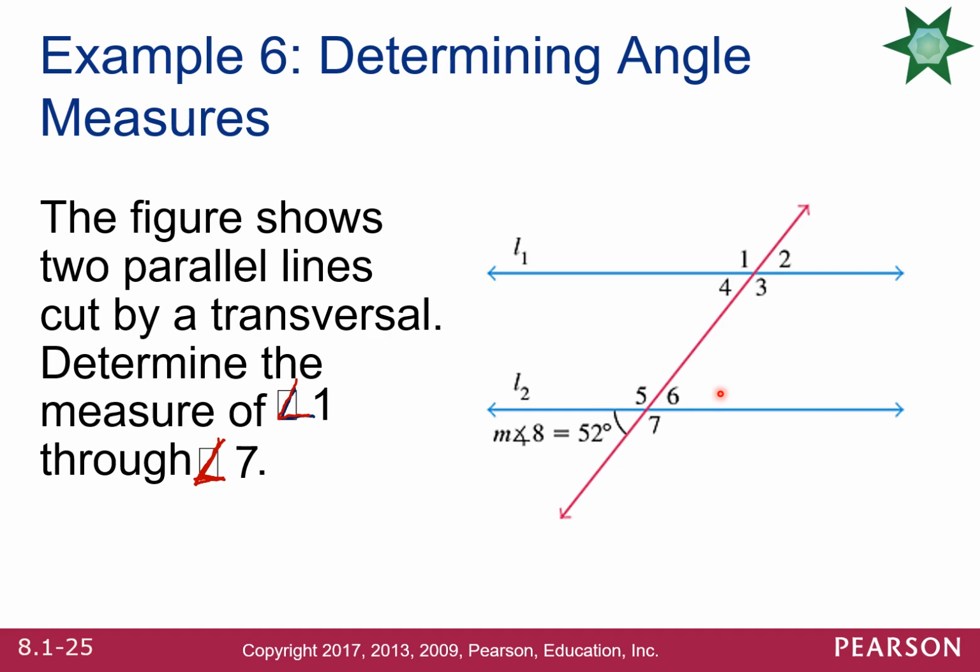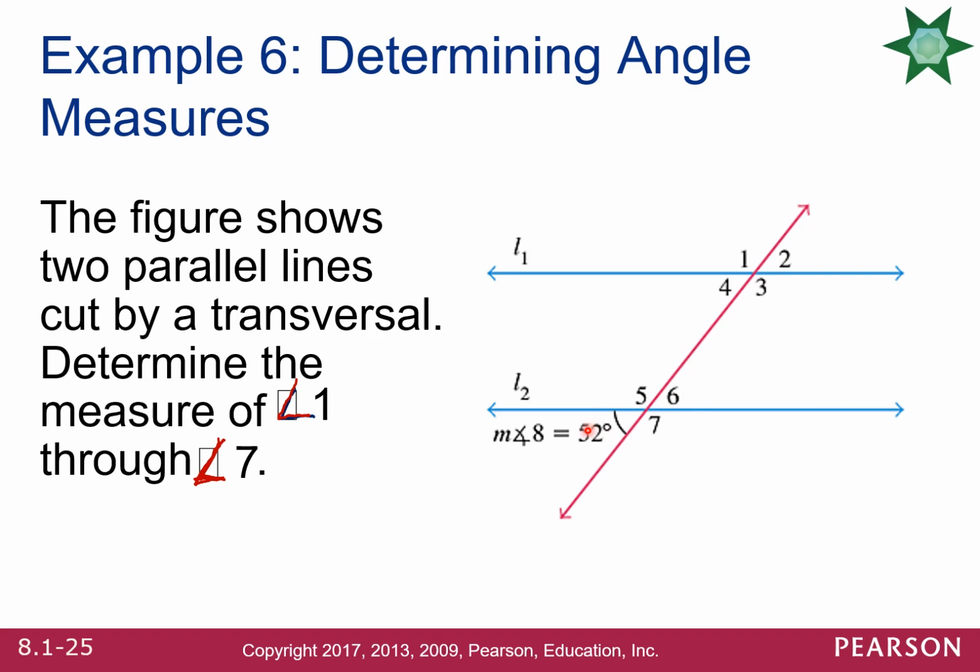However, we will be using some of the rules, the theorems that we learned about the relationship between the different angles. So let's start with the 52 degrees, the one that's given to us. Now we know that vertically opposite angles are equal to each other. So angle 6 and angle 8 are vertically opposite each other.